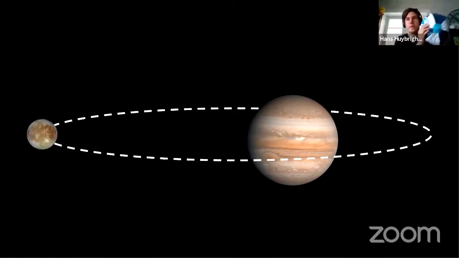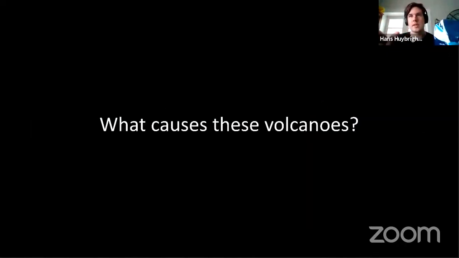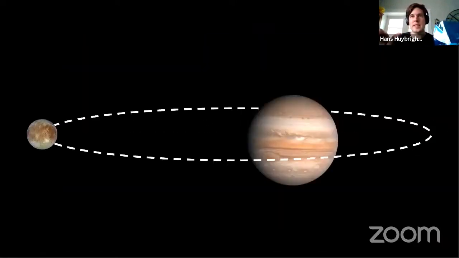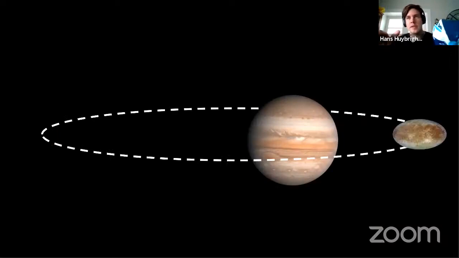And when it's further away from Jupiter, there's less stretching and it's more like a ball. So the effect is that every time Europa or Io goes around Jupiter, the shape changes from sphere to rugby, sphere to rugby. It's kind of like Jupiter is really kneading the moon. I'm going to go back. Oops, that's the wrong direction. So you can really see, far away, sphere, close by, stretched like a rugby ball.